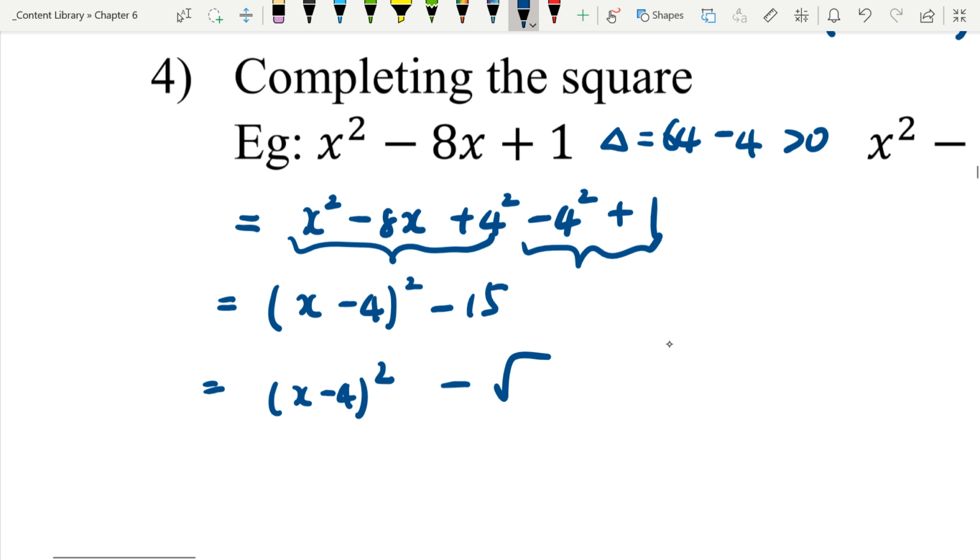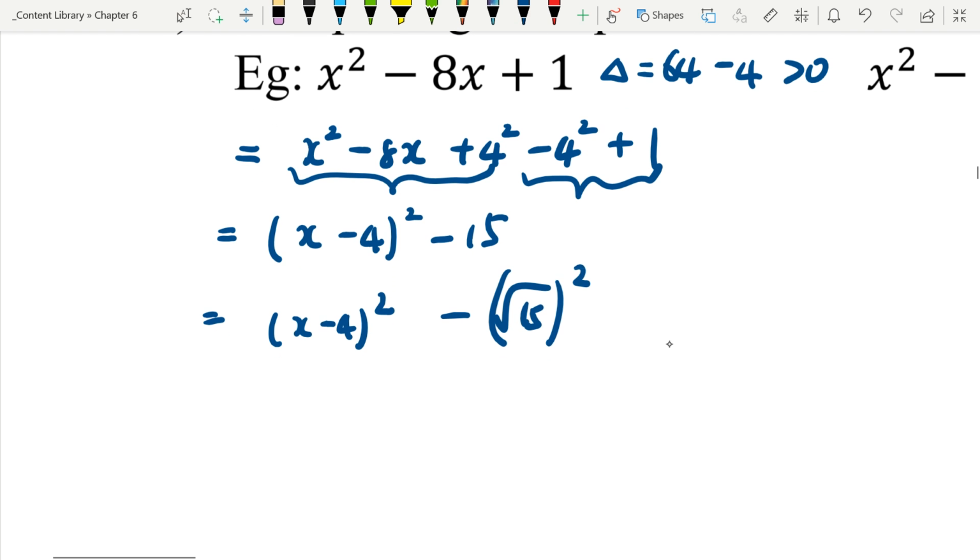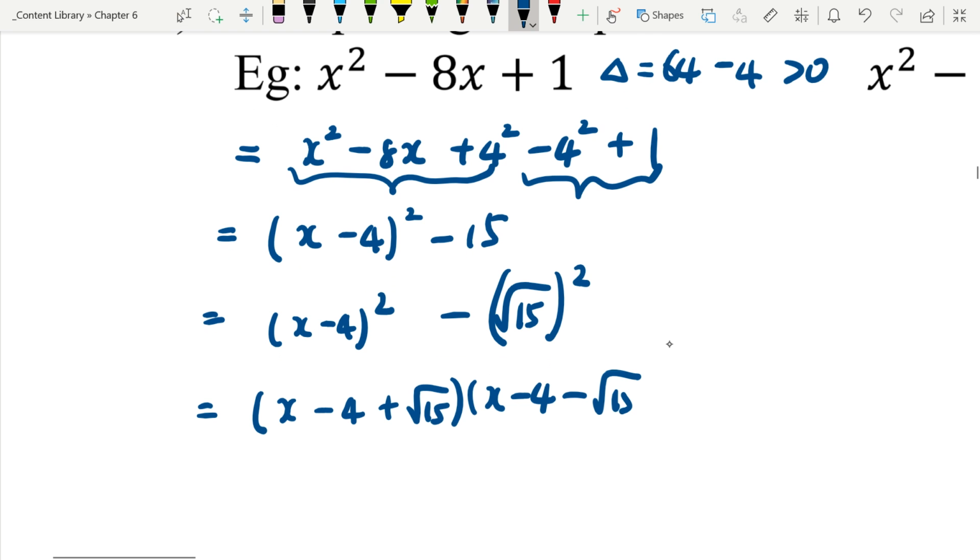Then we use this step to make it a squared minus b squared form again. Because there's a minus in between, it's a squared minus b squared. I can put 15 into root 15 squared. And what we have is x minus 4 plus root 15 and x minus 4 minus root 15.